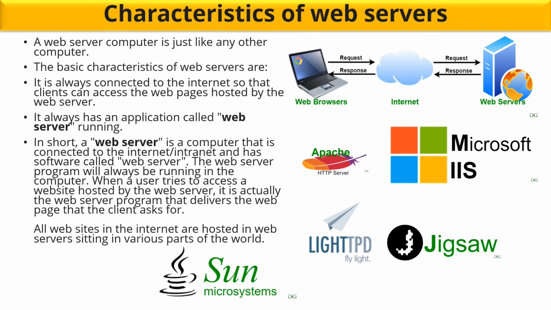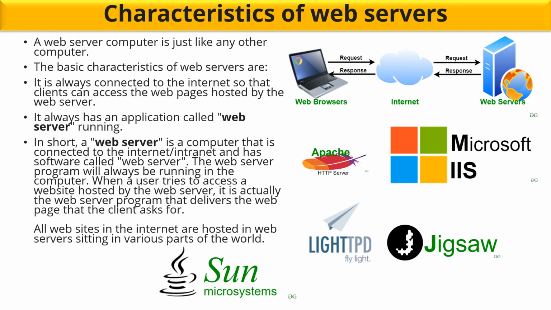What are the characteristics of a web server? A web server computer is just like any other computer. The basic characteristics of web servers are that it is always connected to the internet so that clients can access the web pages hosted by the web server, and it always has an application called a web server running.